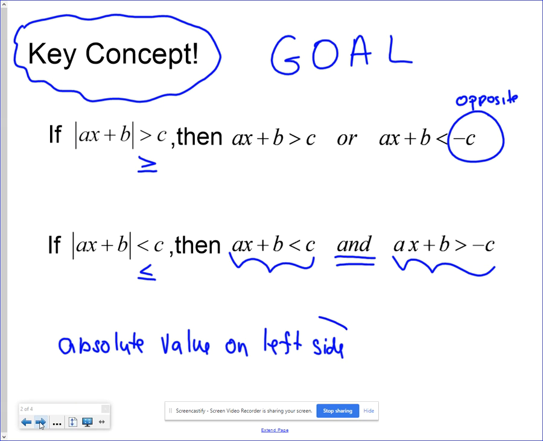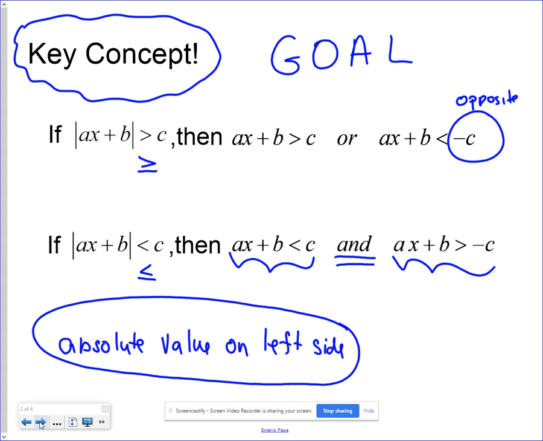So I'm going to teach you a trick. This trick only works if the absolute value is on the left side, and it's all by itself. There's nothing on the outside of the absolute value. Well, the G in goal stands for greater than. And the O stands for or. The A stands for and, and the L stands for less than.